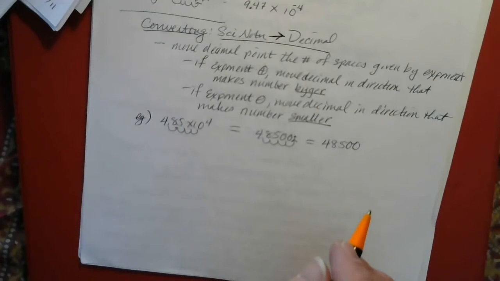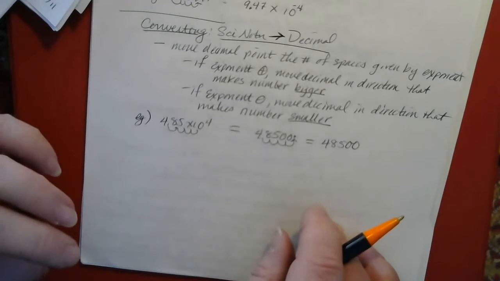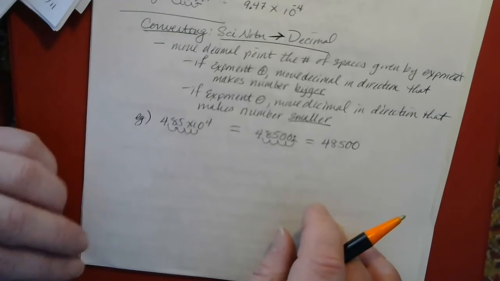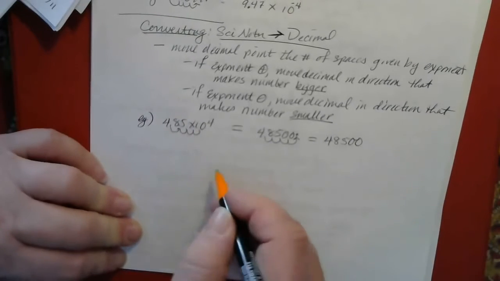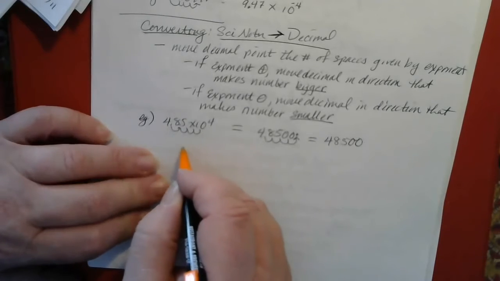You can actually consider this to be sort of a reverse of the step-by-step process we did up above in going from decimal to scientific notation, because essentially what you're trying to do is get the exponent to be 0.